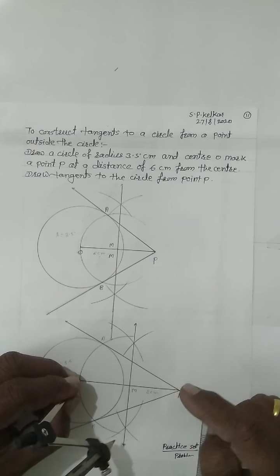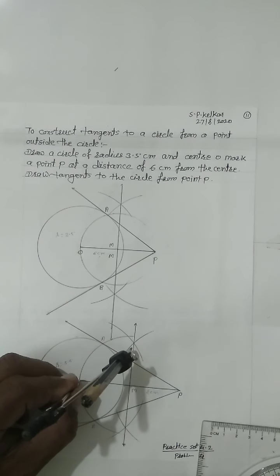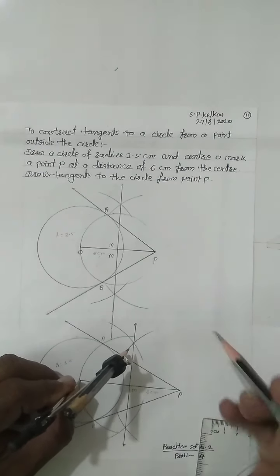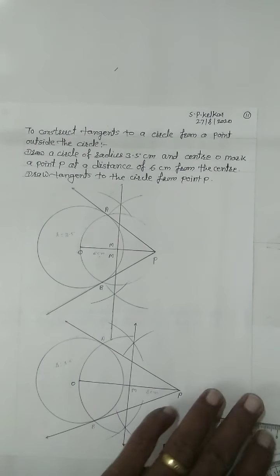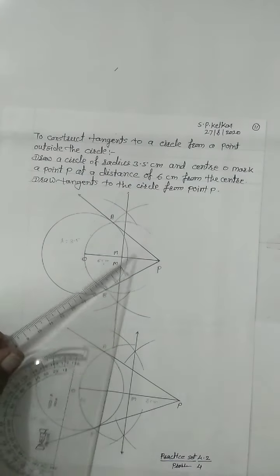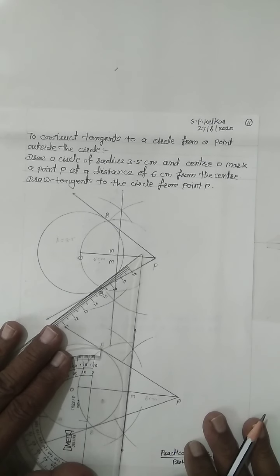These two arcs intersect the previous arc at this point. Then draw the line which is passing through these two intersecting points of the arc.